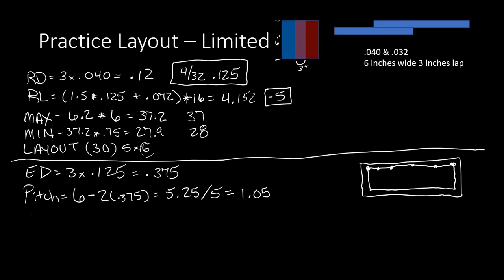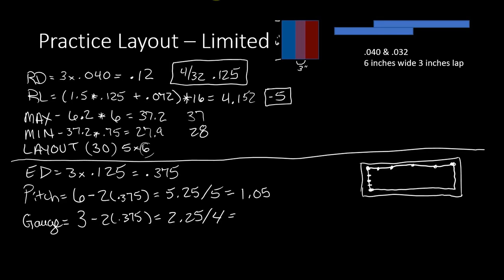Now I have to get the rows, and that's the gauge. I'm only allowed to gauge across the 3 inches, so 3 minus 2 edge distances is 2.25, divided by, alright, so if I'm going to have 5 rows of rivets going across, then I need to divide by 1 less than 5, which is 4.